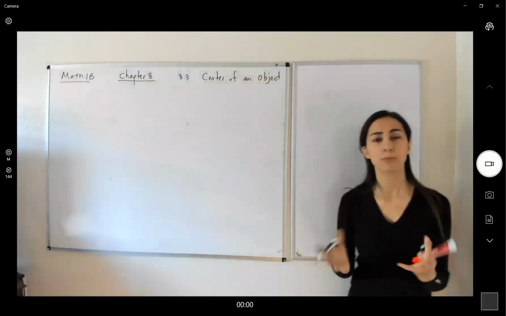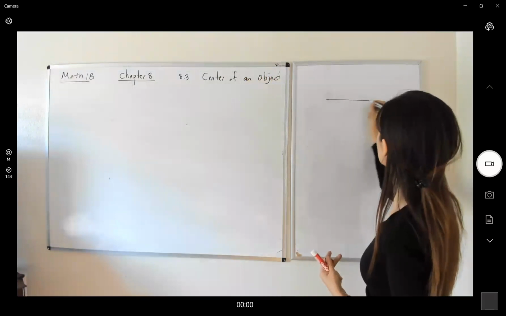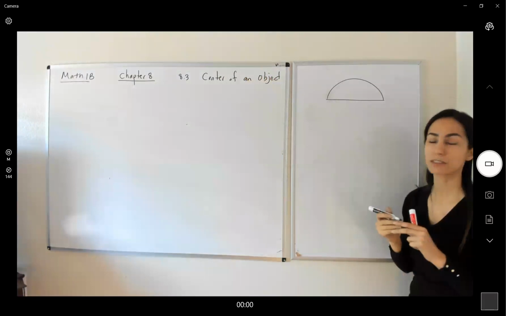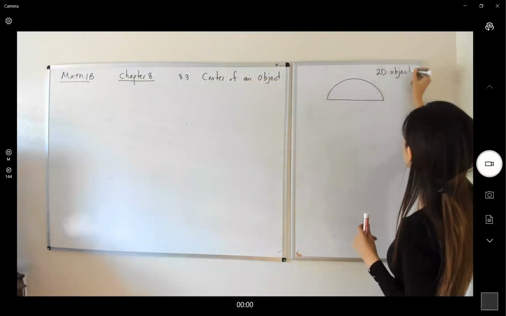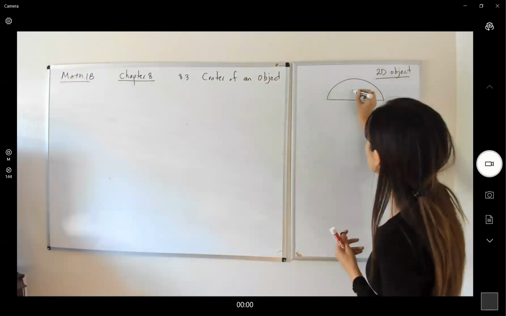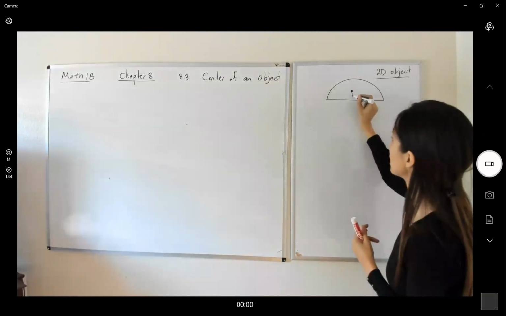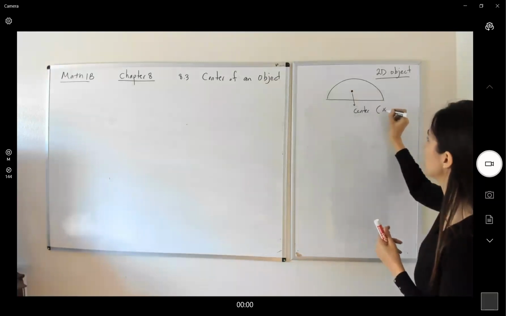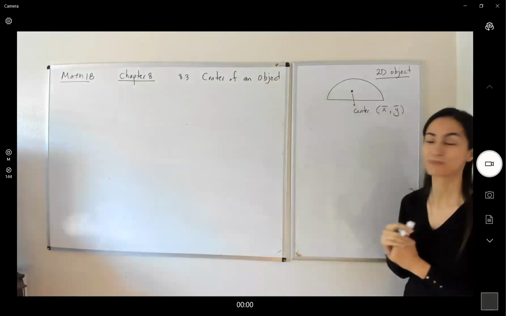Okay, very well. Suppose you have a two-dimensional object, and your goal is to find the center of this 2D object. What would be the center of this object? For example, suppose this point represents the center of your object, it's denoted by x bar and y bar.